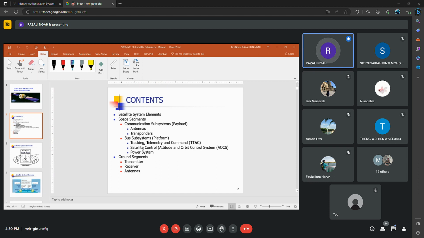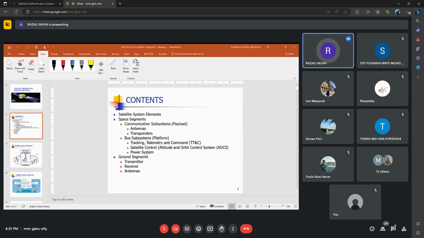These are related to how the satellite is controlled in terms of orientation. Attitude refers to the orientation, in terms of the position of the satellite. That is to determine the satellite is in the right orbit, so we have an orbit control system.